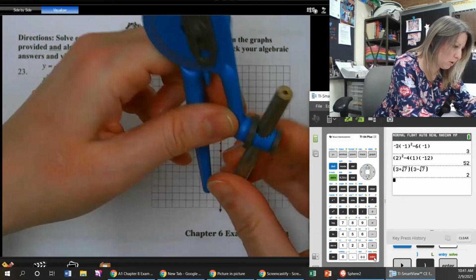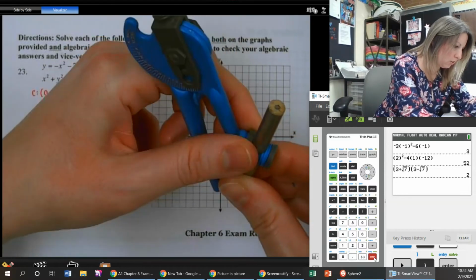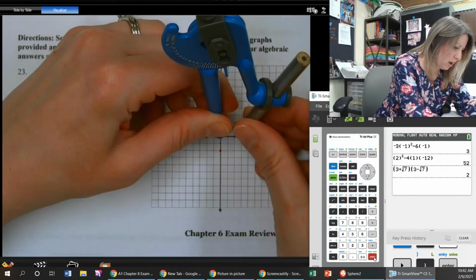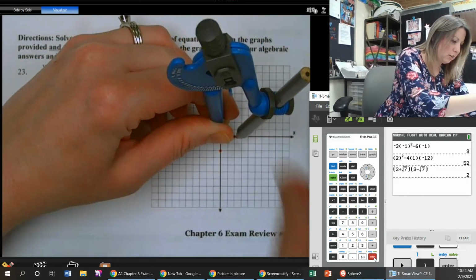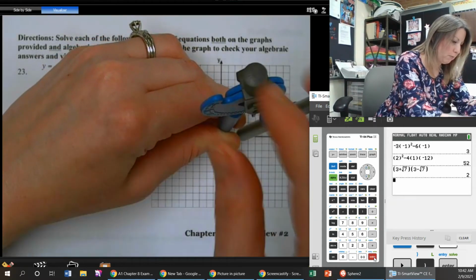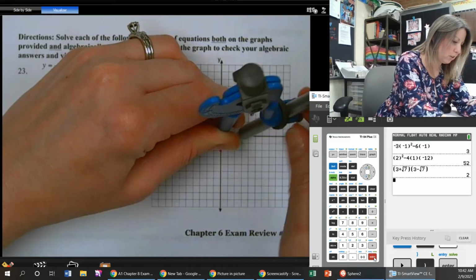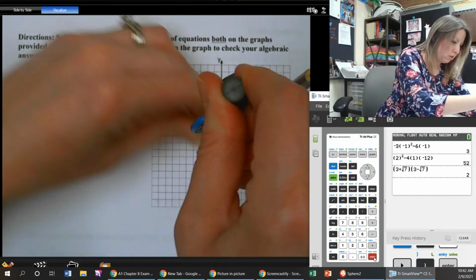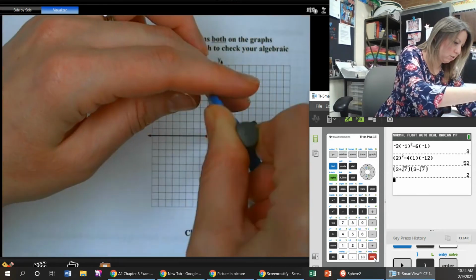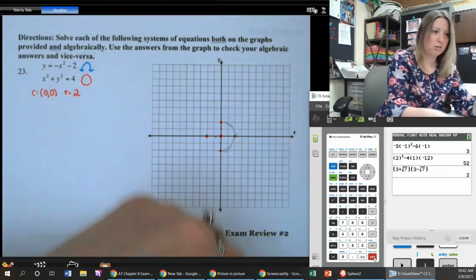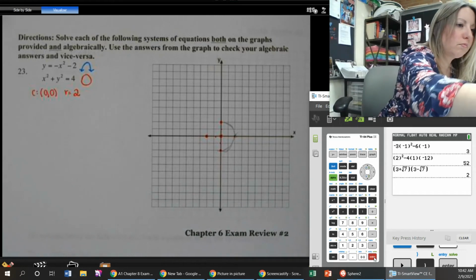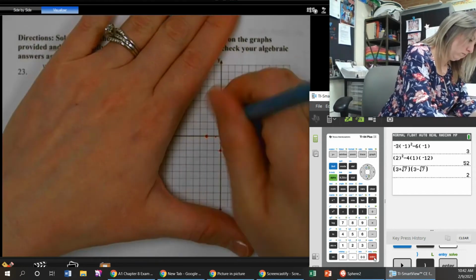Hold on. My pencil is actually so tight in this that it's not going to work. There we go. Okay. I find it easier to move my paper than to move my compass. Personal preference, I suppose, although this paper is not moving. There's one side and another side. Oh my gosh, sloppy, sloppy. Let's try it again.